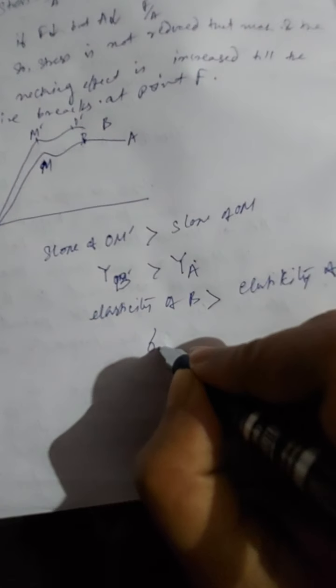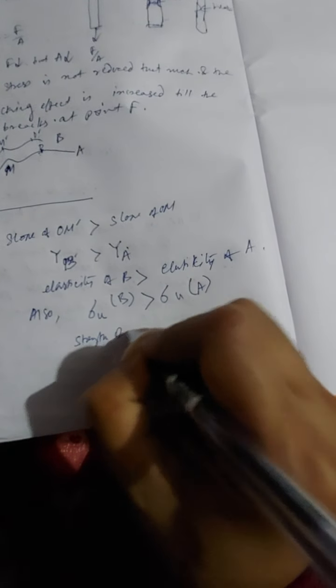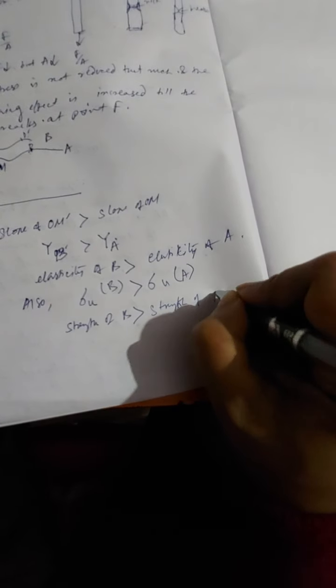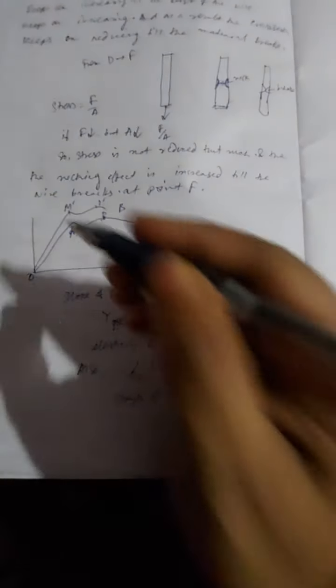So here also you can see that the ultimate tensile strength, sigma U for B, is greater than sigma U of A. That is, strength of B is greater than strength of A. So these two are very important points we can get from the graph.